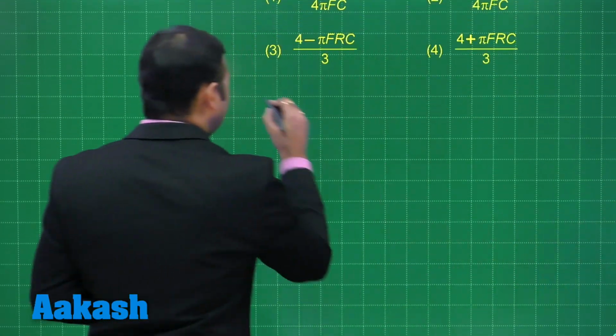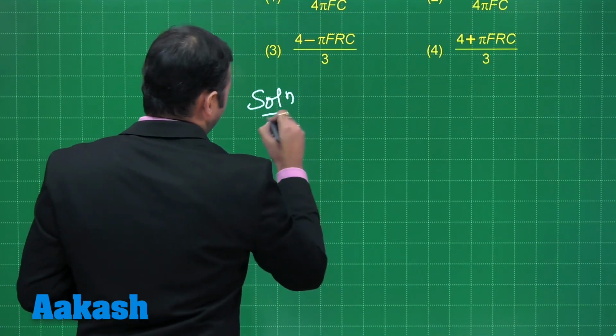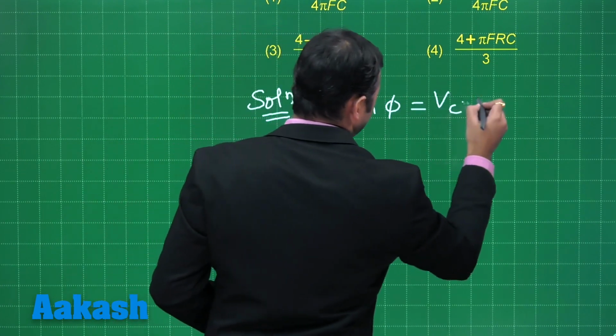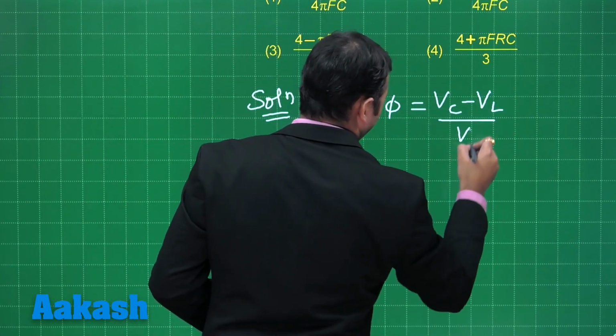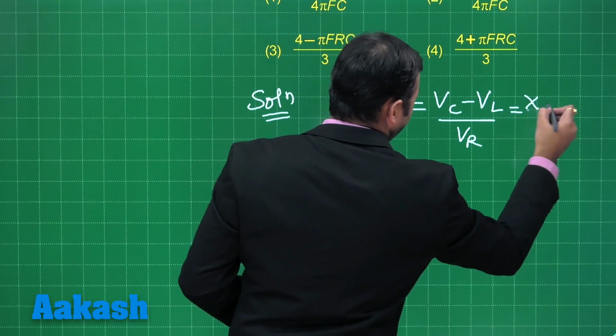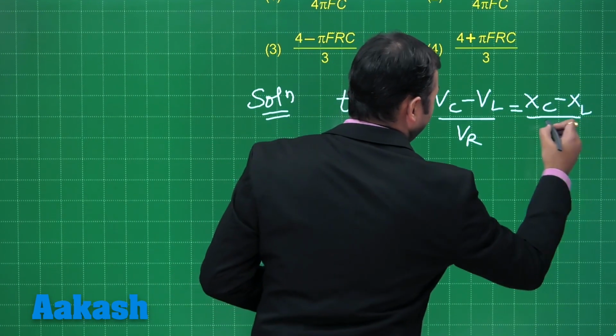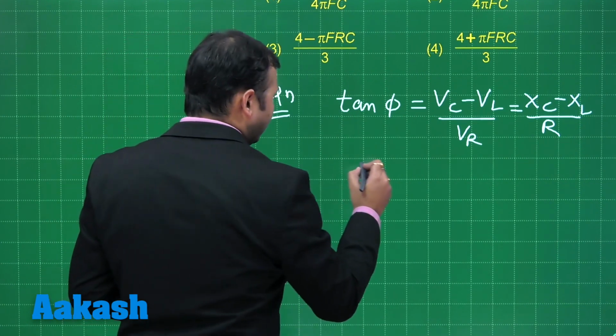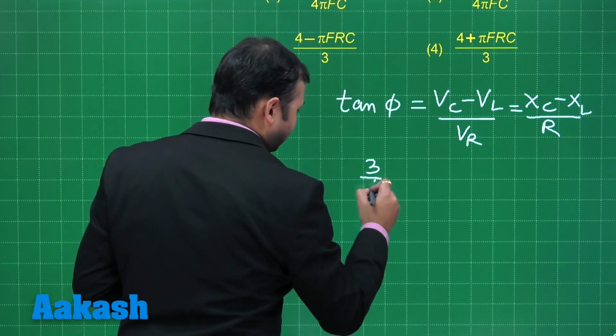It's given that tan phi would be equal to VC minus VL by VR, or I would write XC minus XL by R.